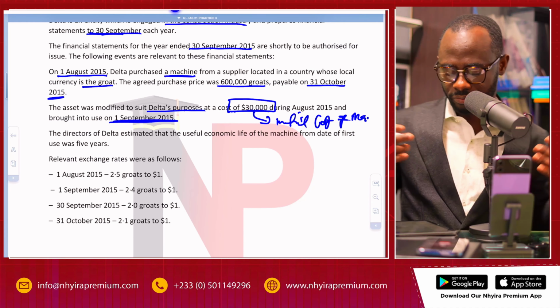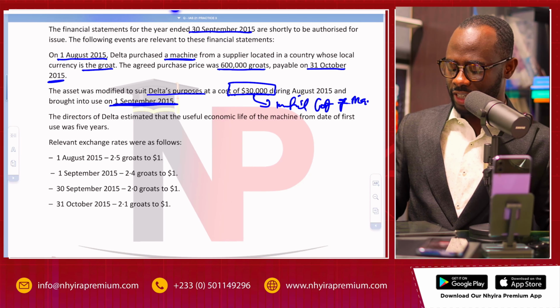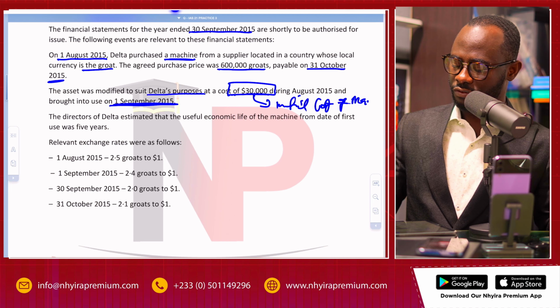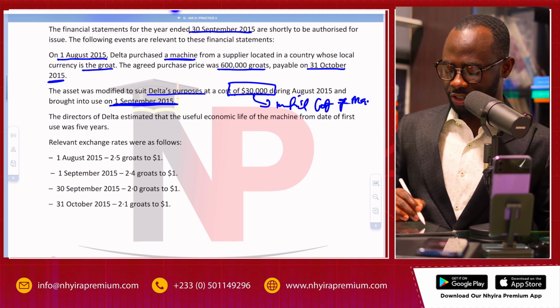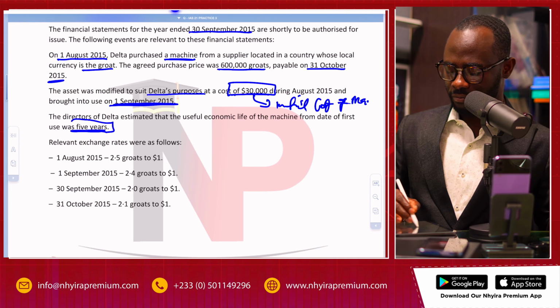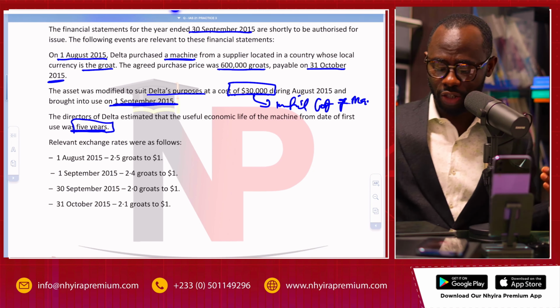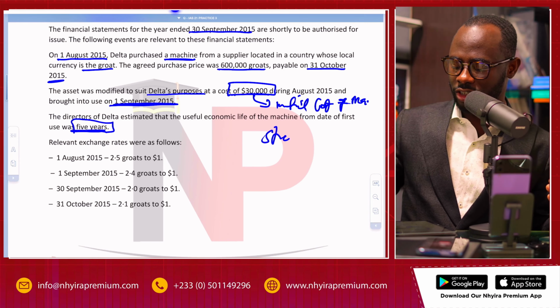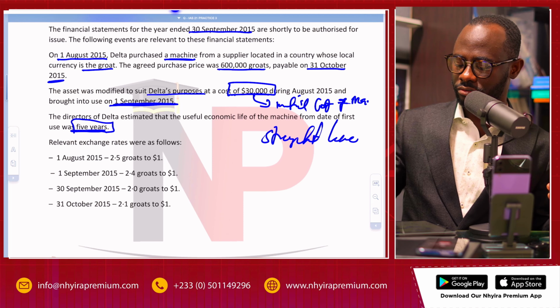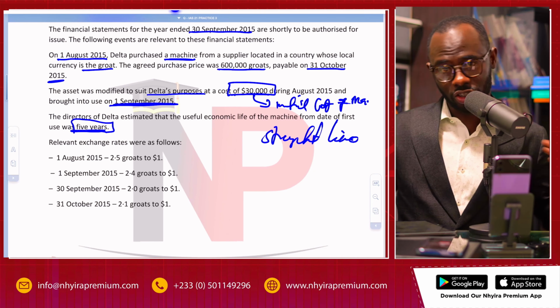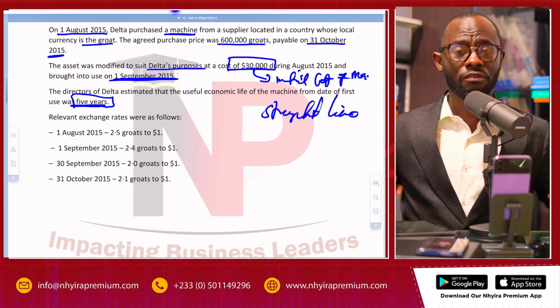Okay. The directors of Delta estimated that the useful economic life of the machine from that date of first use was 5 years. Okay. So it means that we're going to be depreciating this asset over the straight line method. IAS 16, straight line method. All right. Relevant exchange rate.